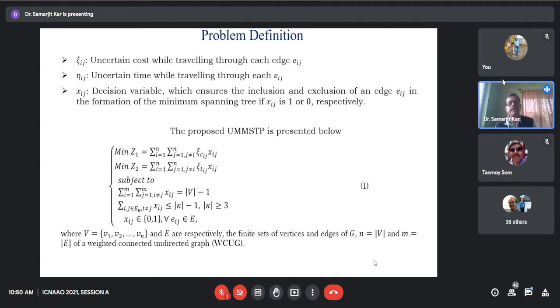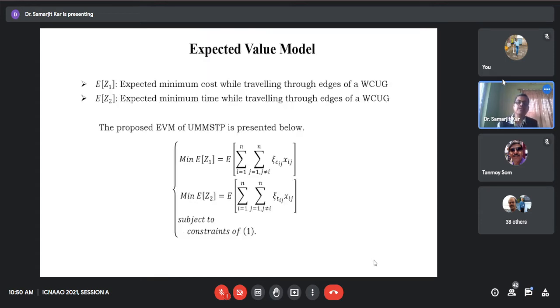Here you just look, the sum of x_i is less than or equal to |K| minus 1, obviously |K| greater than or equal to 3. That means we cannot consider 3 or more edges which can make a cycle. So this is a very simple mathematical model.